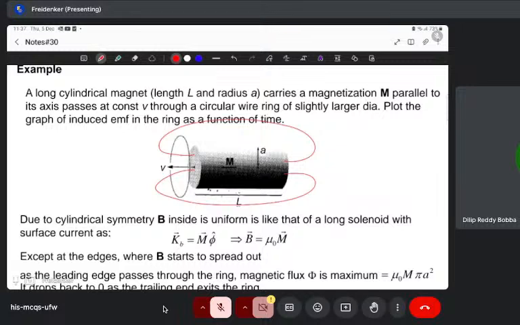The magnetic field lines keep increasing. The number of field lines passing through the loop will keep increasing, and at one point it will just be like this, right? It will go inside and finally it will come outside as well.